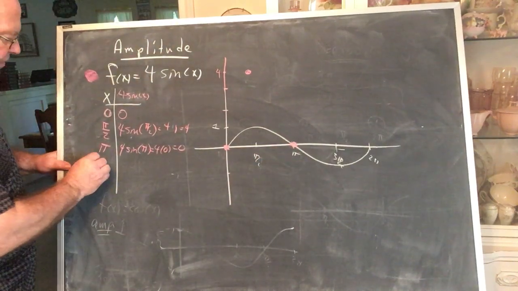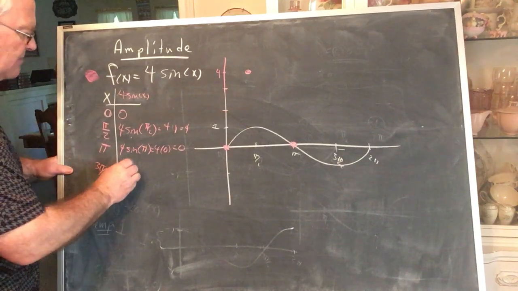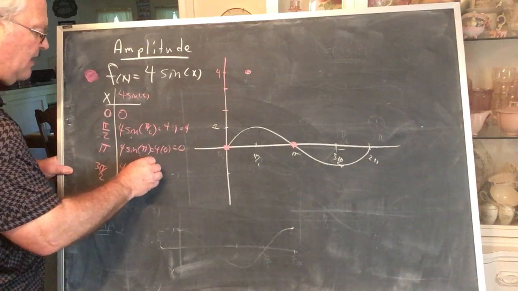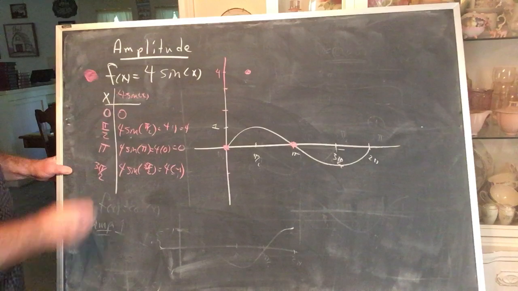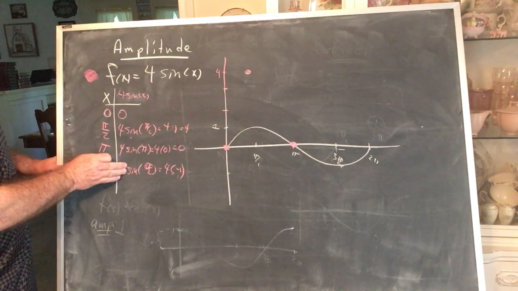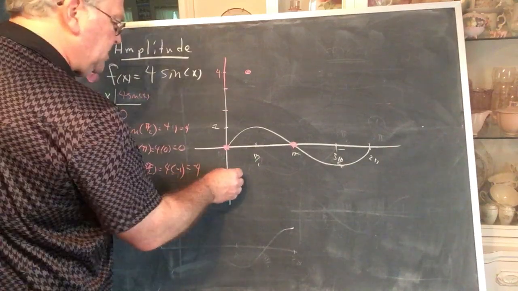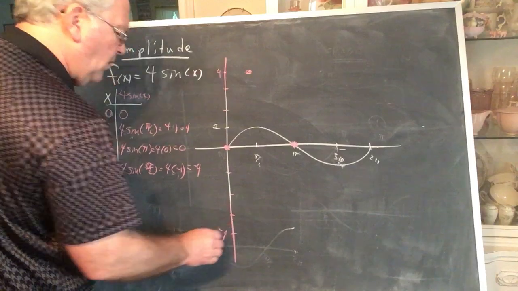And then what happens at 3 pi over 2 is similar to what happened at pi over 2, except that it's negative. This is 4 times sine of 3 pi over 2, which is 4 times negative 1, because sine of 3 pi over 2 is negative 1. But we multiply it by 4, this is now negative 4. So 1, 2, 3, negative 4.